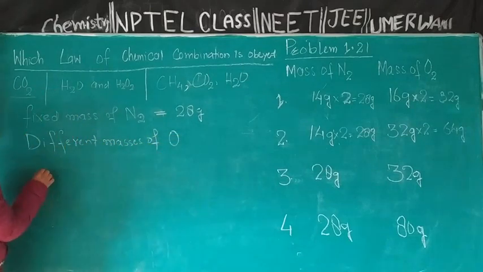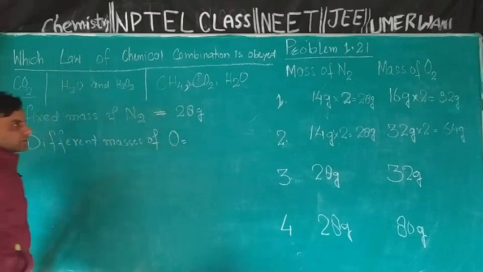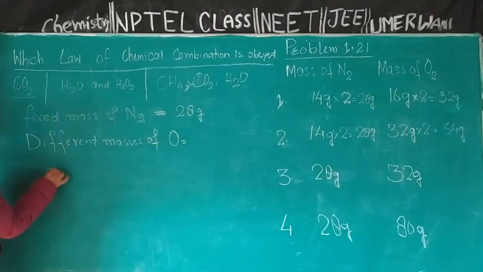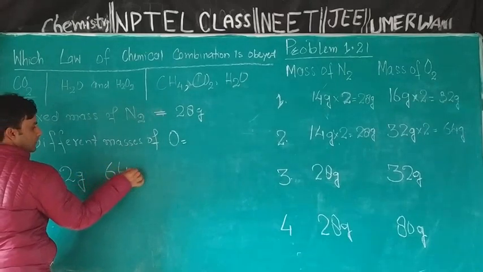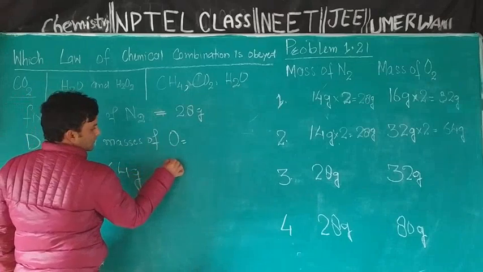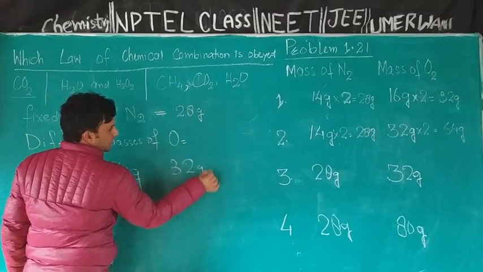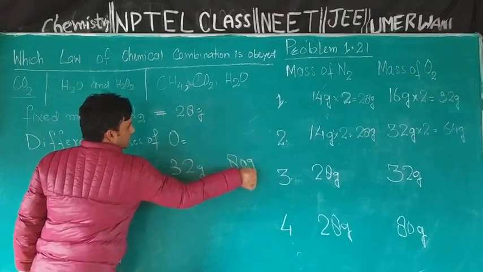And what are the different masses of oxygen? Different masses of oxygen in the 4 compounds are 32 grams, second 64 grams, third 32 grams again, and 80 grams.